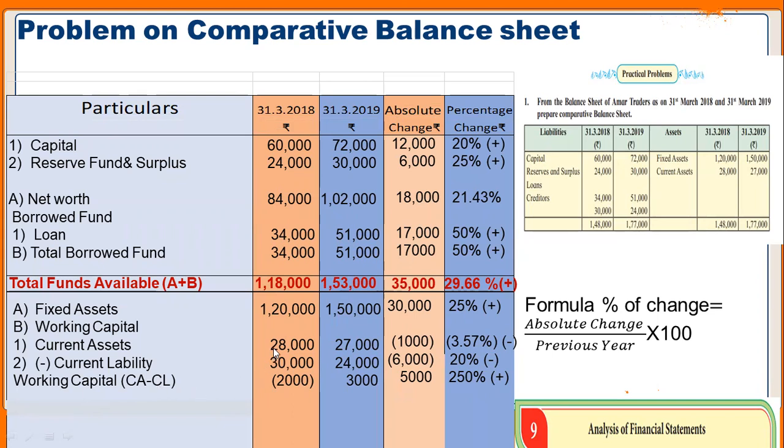Current asset is 28,000 and current liability is 30,000. So again here minus balance shown in bracket, that is 2,000. 27,000 and 24,000, plus balance 3,000. Change of 1,000 and 6,000, balance is 5,000.